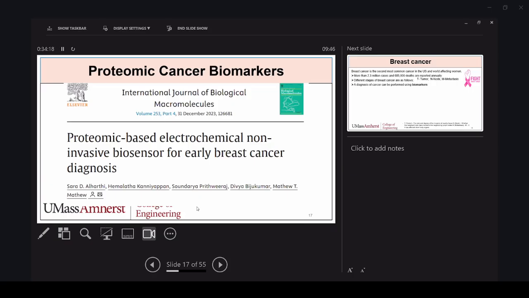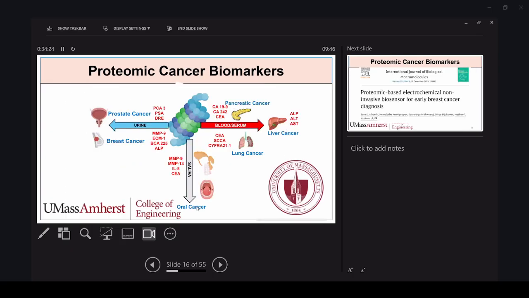So now we know protein biomarkers can be used, because they are present in different biological fluids: saliva, urine, blood, or serum. In breast cancer, these proteins are present in urine, so it's easier for a patient to give a urine sample rather than a tissue sample, right?